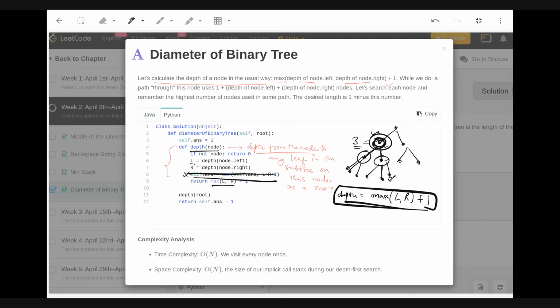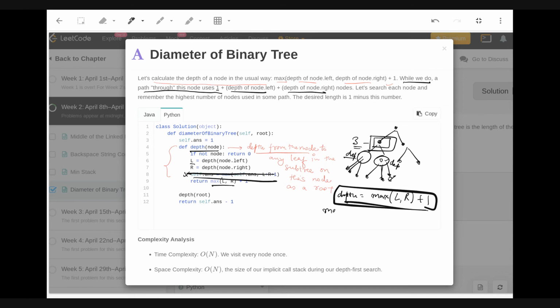Now what they are also saying is that while we do this, a path through this node uses 1 plus depth of left plus depth of right. The longest path from this node in this subtree will use the depth of the left and right children plus 1, which is the root of the tree.